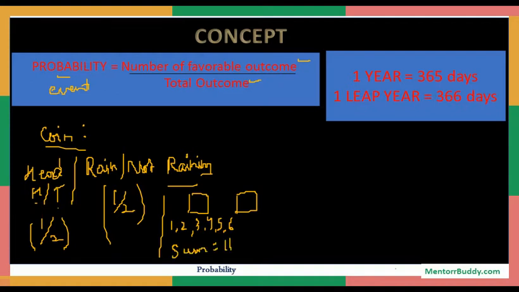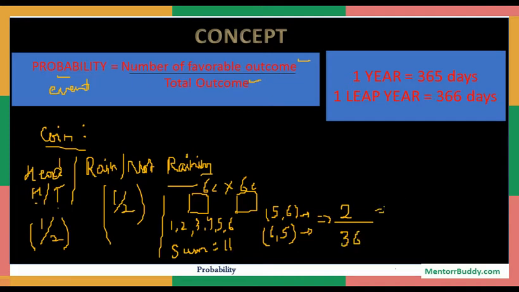We know the sum 11 can be obtained in two ways: either 5 and 6 or 6 and 5. So there are 2 favorable cases, and the total number of cases will be 6 from this one and 6 from this one, 6 into 6 equals 36. So that will be 1/18. So the probability of getting the sum as 11 will be 1/18.